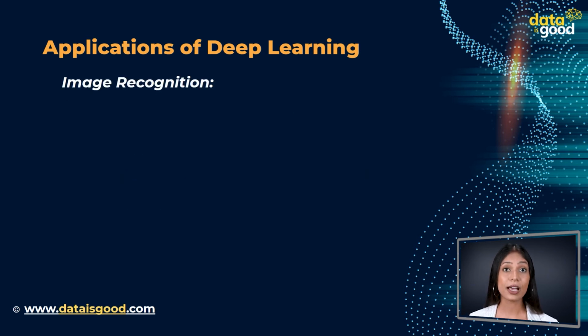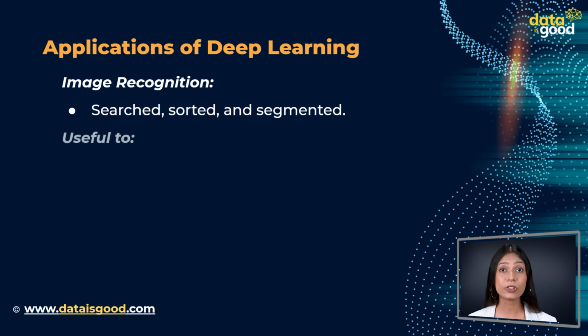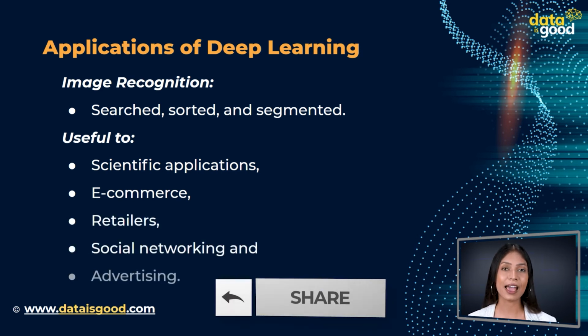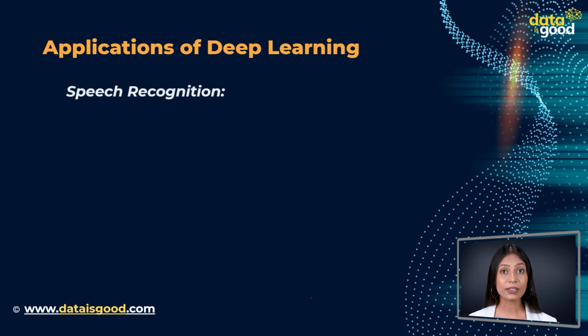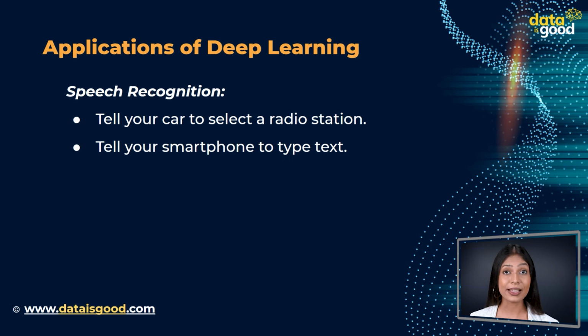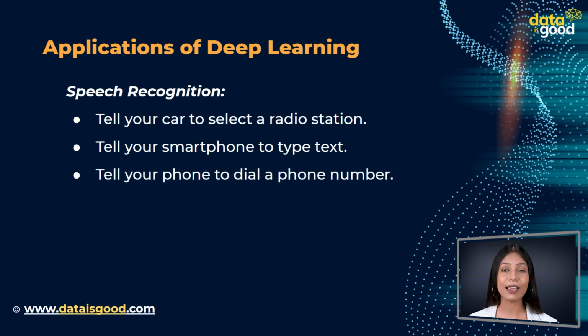Image recognition allows images to be easily searched, sorted, and segmented for object detection, which is highly useful to scientific applications, e-commerce, realtors, social networking, and advertising. Speech recognition is when you tell your car to select a radio station, tell your smartphone to type text, or tell your phone to dial a number.